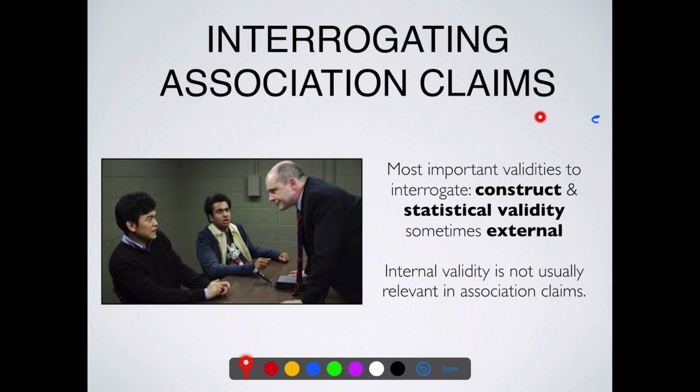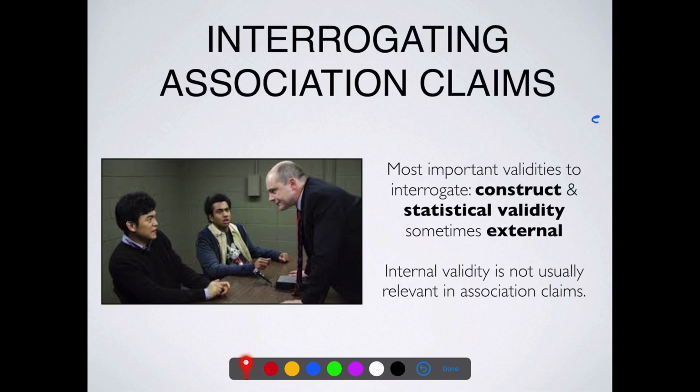If we're looking at association claims, if we're doing bivariate correlations, we don't really have the support to make the claim that we have strong internal validity if we're not manipulating a variable. So we're not going to focus on that as much, but I will explain how this still relates to bivariate correlations.